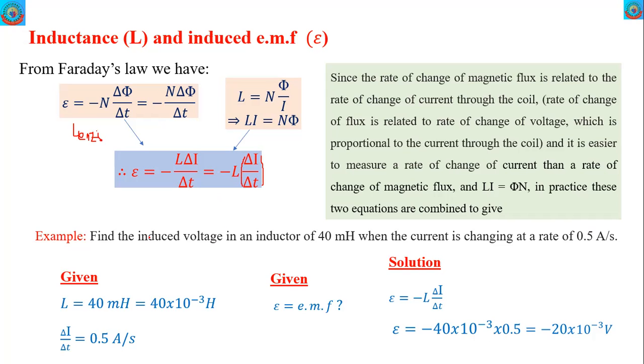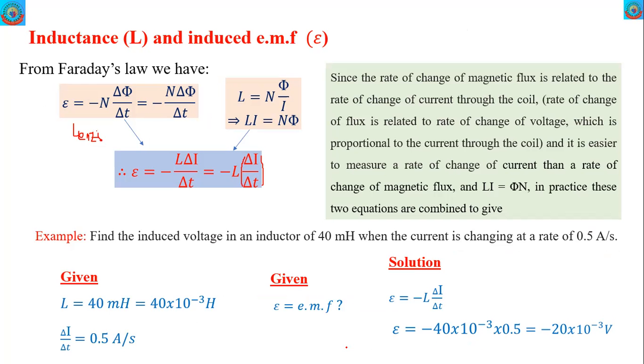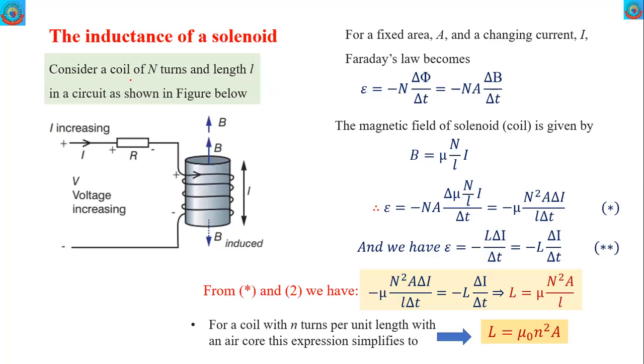So this is called the Farad law. Based on that we have done another example: the inductance of solenoids. What are solenoids? They are coils wound on something. So consider a coil of n turns and length L in a circuit as shown here.